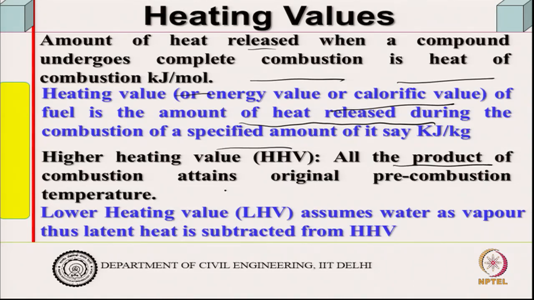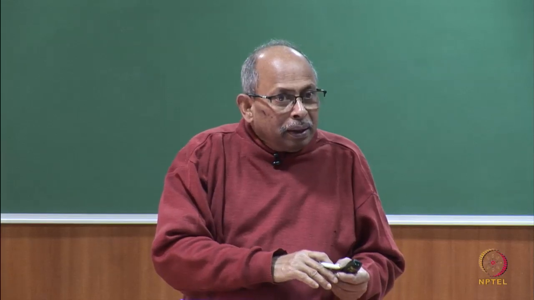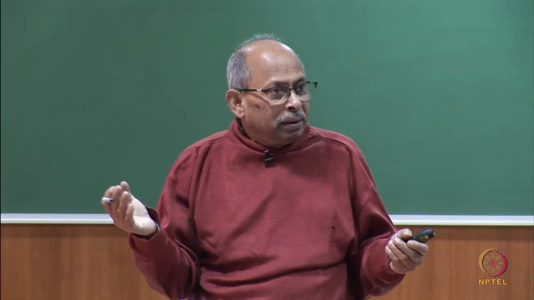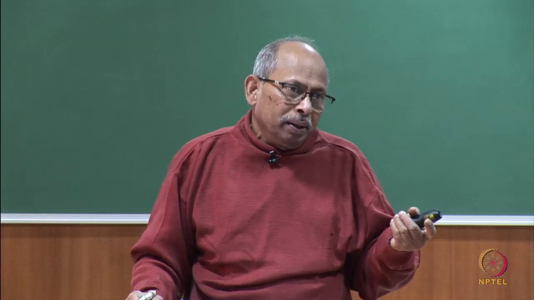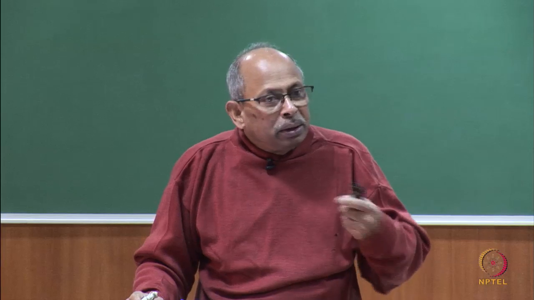In the higher heating value, all the products of combustion attain the original pre-combustion temperature. That means if you burn pet coke, the heat is generated, and even if the flue gases at the top come to ambient temperature, then this heat is all utilized; that is the upper limit. But actually this will not be the case.